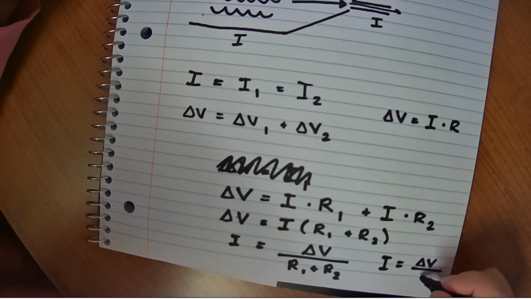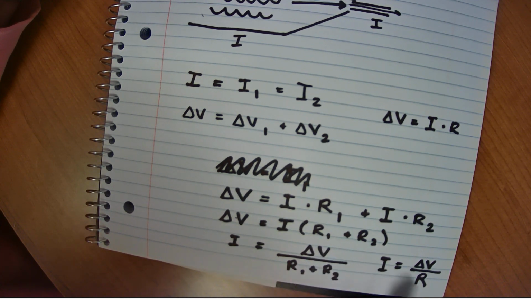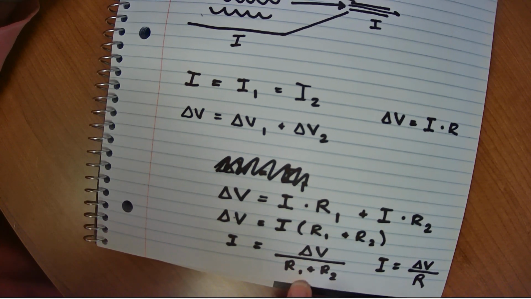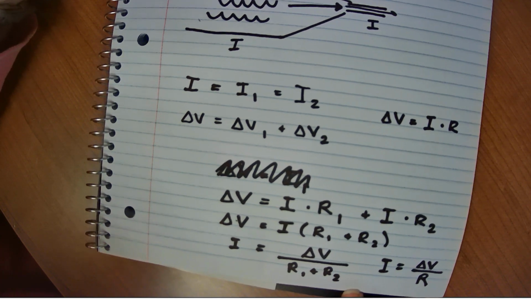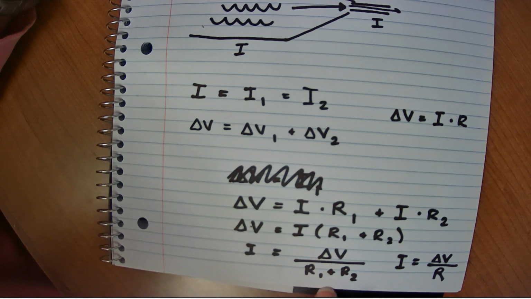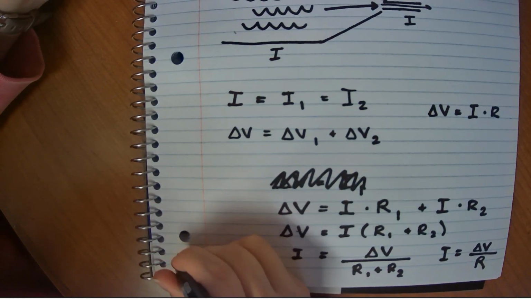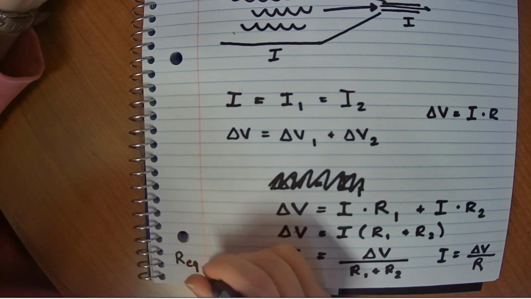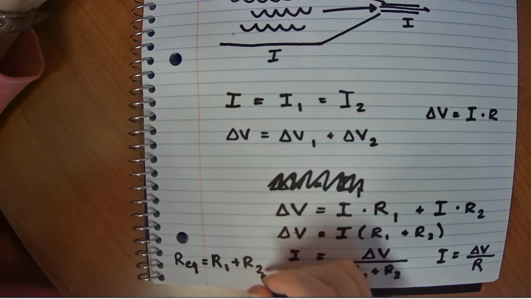Ohm's law and what I've just written here are exactly the same, except here it's just R and here it's R1 plus R2. So we can conclude that if we wanted to find the equivalent resistance across two resistors in series, it would be equal to R1 plus R2.